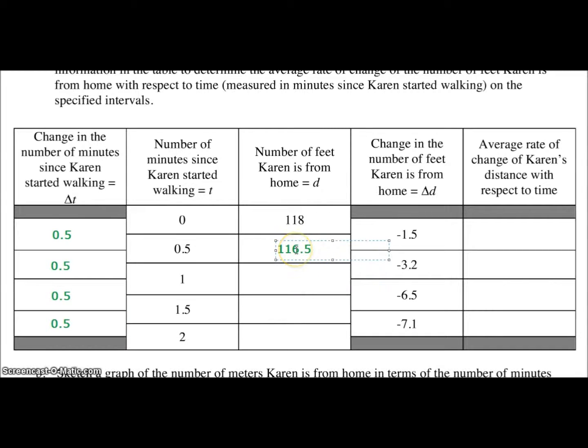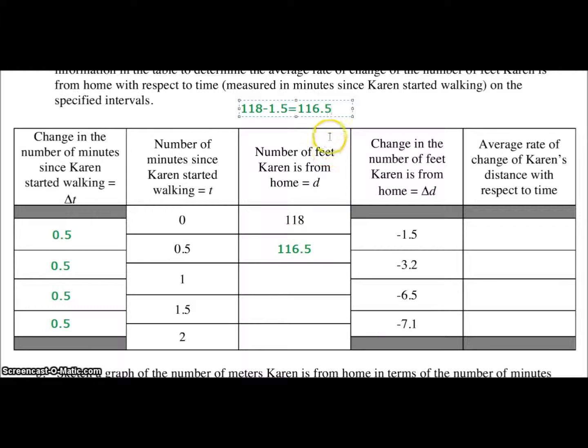Notice if I subtract 116.5 minus 118, we get negative 1.5. I took away 1.5 and got 116.5.